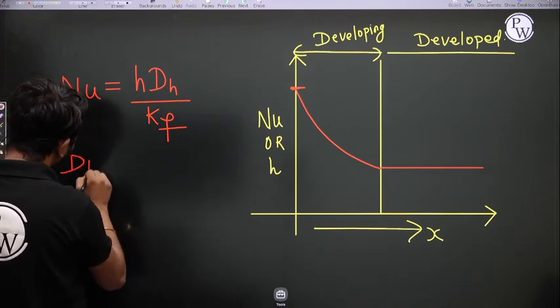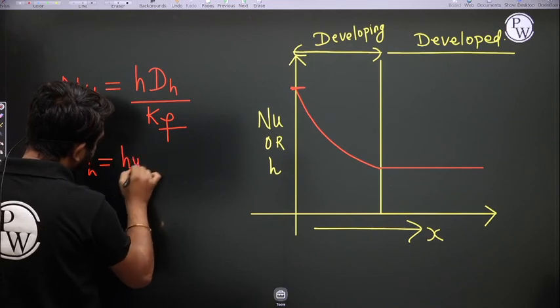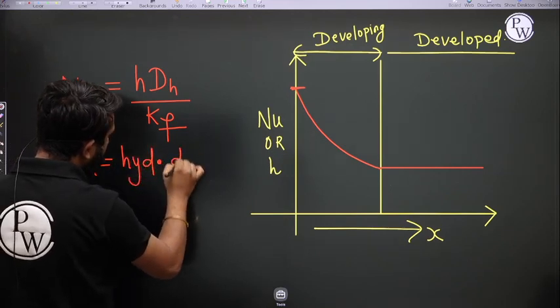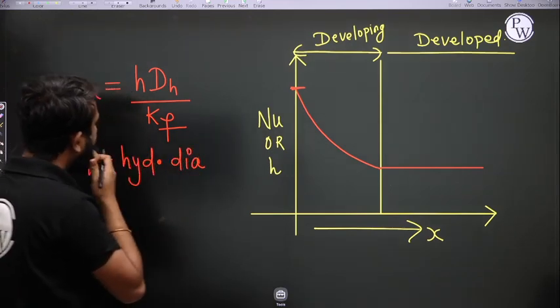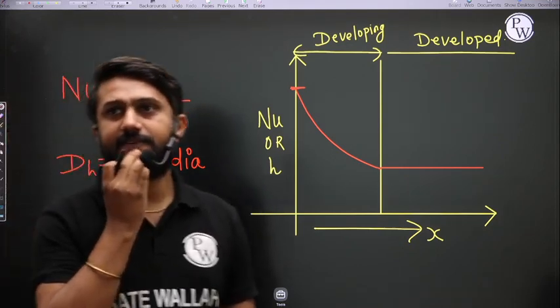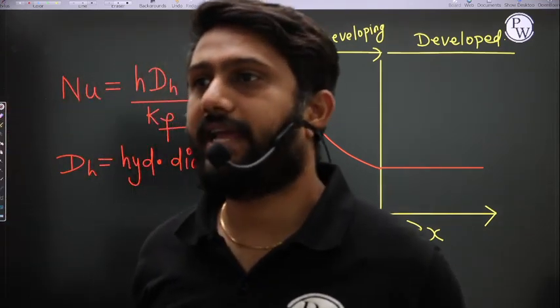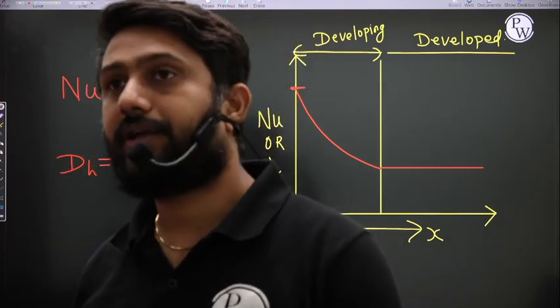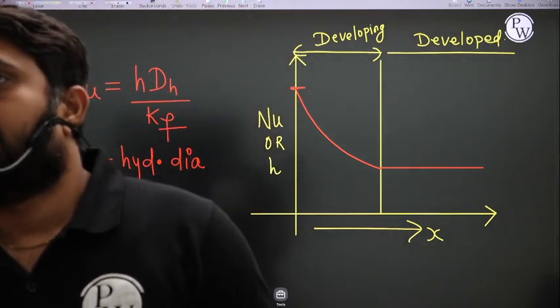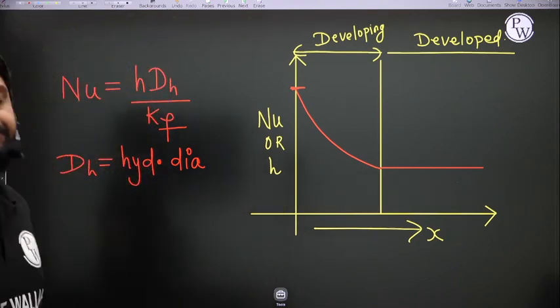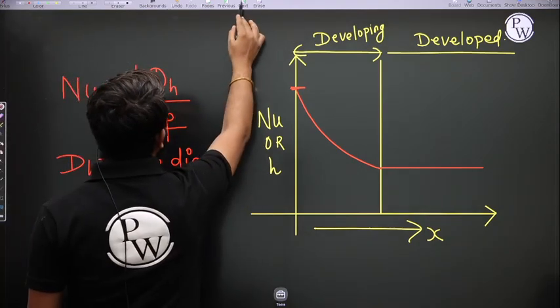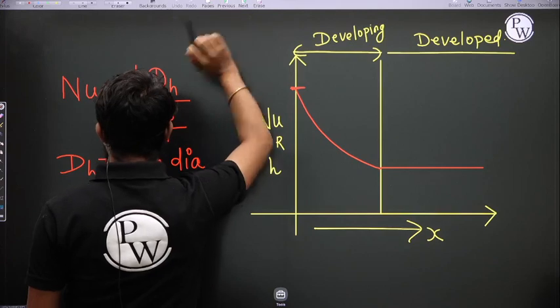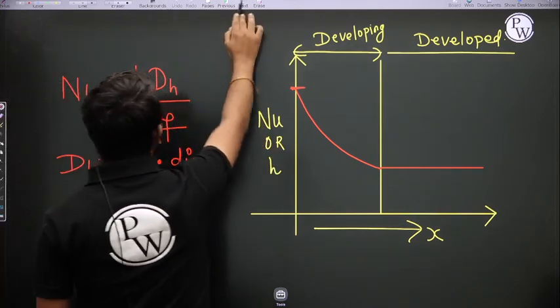I already discussed hydraulic diameter. Kf is the thermal conductivity of the fluid. Okay, so this is about the Nusselt number.